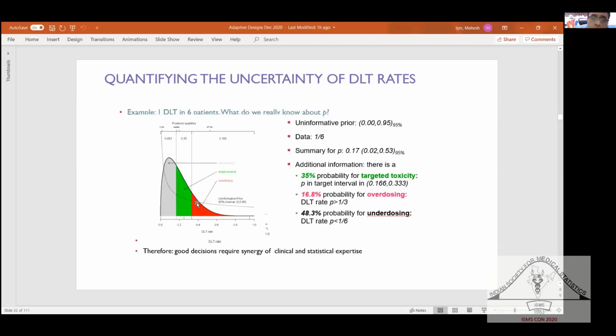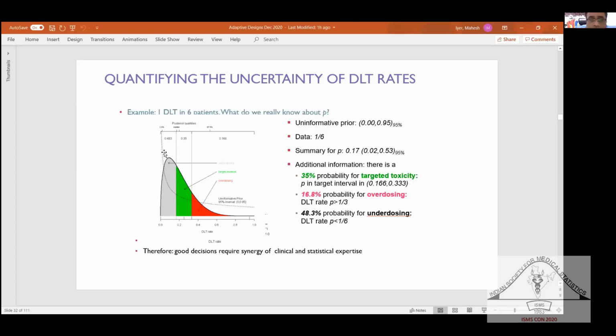And for overdosing, which is toxicity greater than 33%, the probability of being in the red zone is 17%. Makes sense? 48% probability for underdosing, 35% for targeted toxicity, and 17% for overdosing.